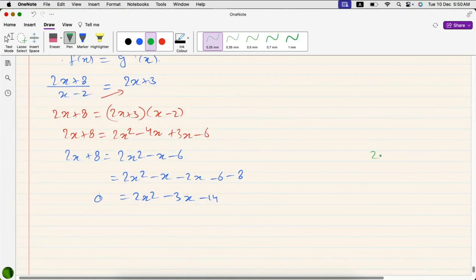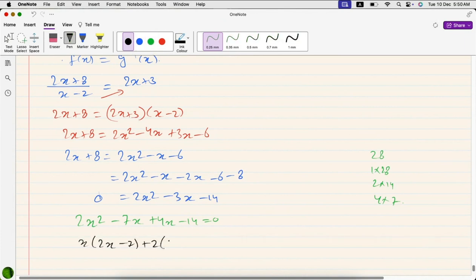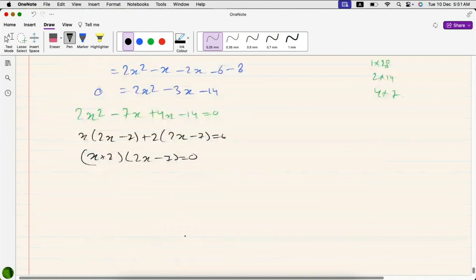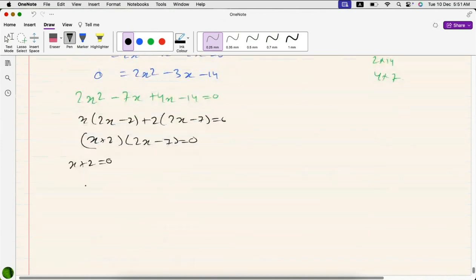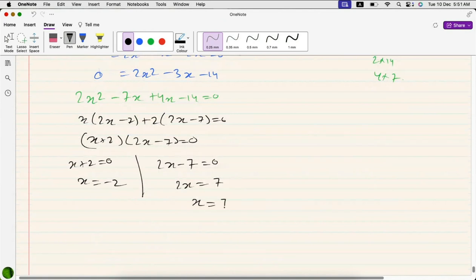So that's 28. 1 into 28, 2 into 14, 4 into 7. 2x square minus 7x plus 4x minus 14 is equal to 0. x common, 2x minus 7. 2 common, 2x minus 7. x plus 2, 2x minus 7. x plus 2 equal to 0, x equals minus 2. 2x minus 7 equals 0. 2x equals 7. x equals 7 by 2.